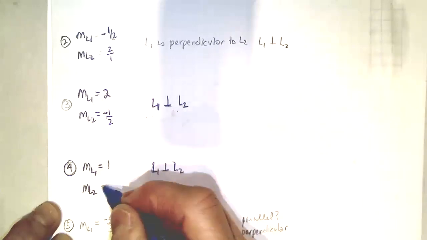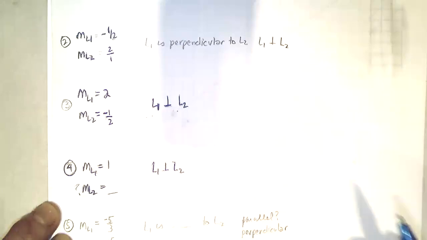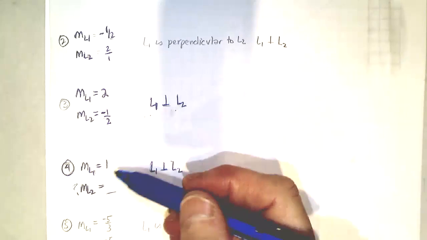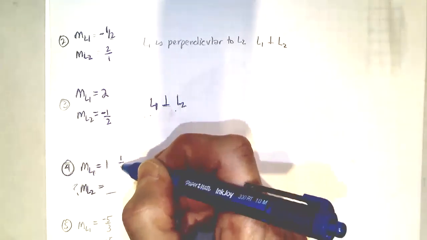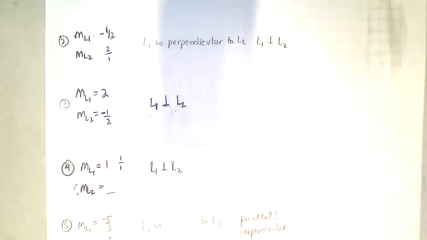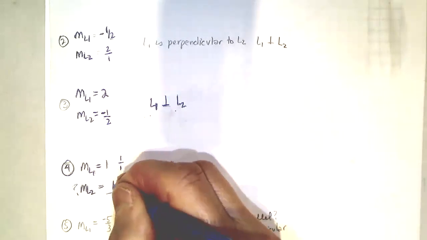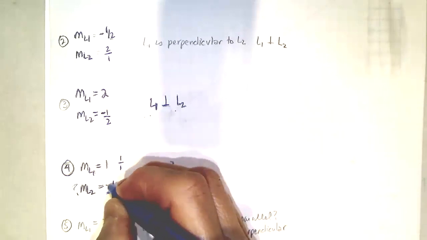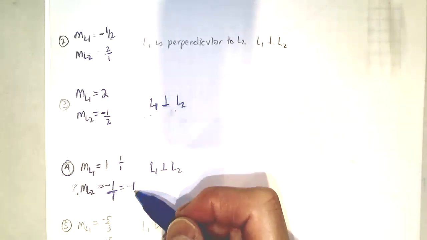But L1 and L2 are perpendicular. So what will this slope be? Well, it's the negative reciprocal. This is a funny one because 1 is the same thing as 1/1. And if you flip 1/1, you still get 1 over 1. But this is positive, so the negative reciprocal becomes a negative 1.